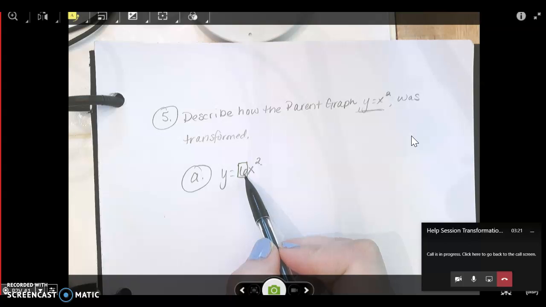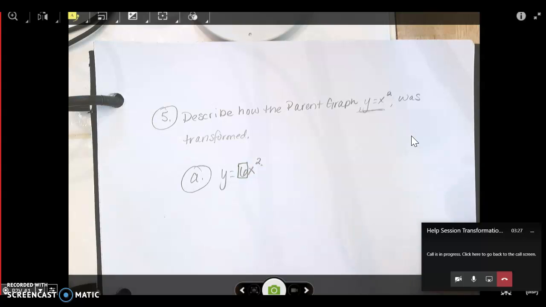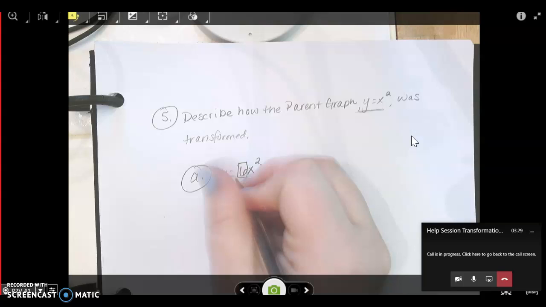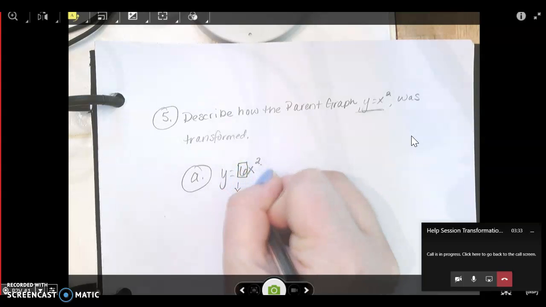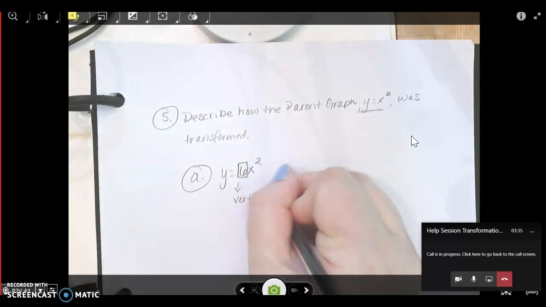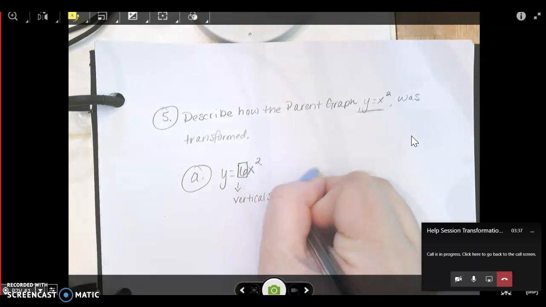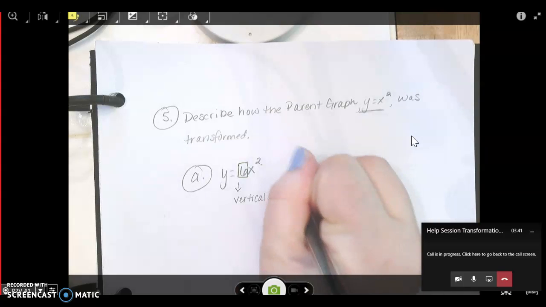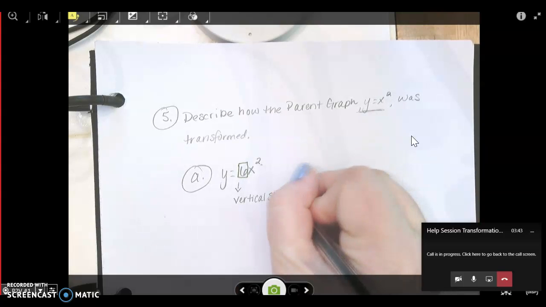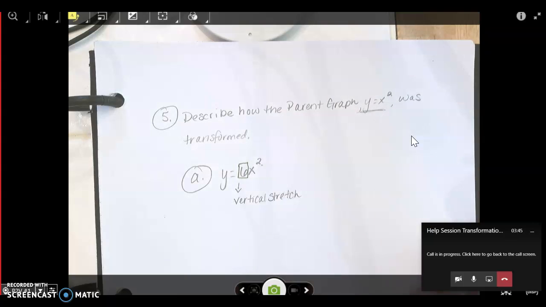When it is less than 1, it's a vertical shrink. So this would be a vertical stretch. Oh, forgot the T. Vertical stretch by a factor of 6.